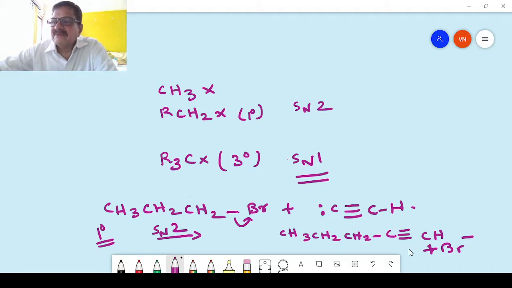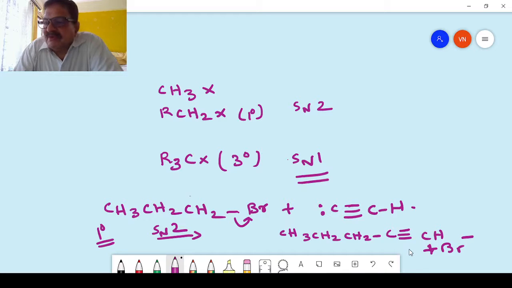Now, a tertiary alkyl halide will react by the SN1 mechanism. We have seen that SN1 reactions proceed with racemization. Just one small example I can show here.